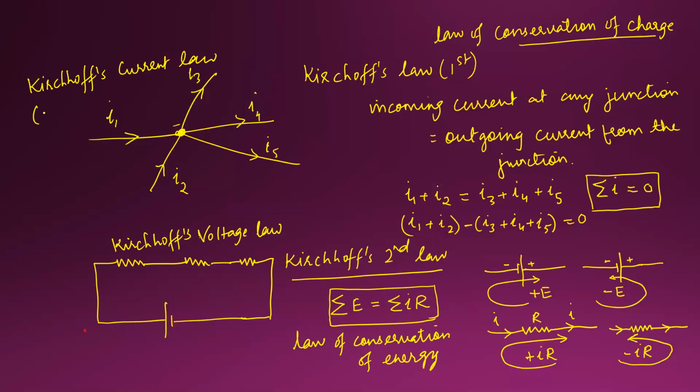In short, it is called KCL, whereas this is called KVL. So while applying these Kirchhoff's laws, first we have to use Kirchhoff's first law for the direction of the flow of current. And after that, for making the equations, we have to use Kirchhoff's voltage law. This we had studied in our previous video.